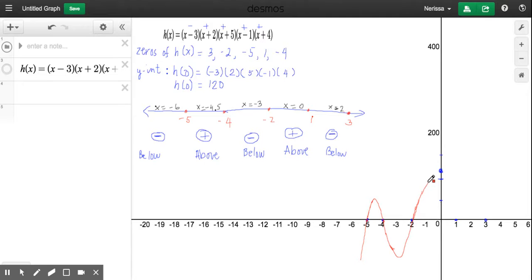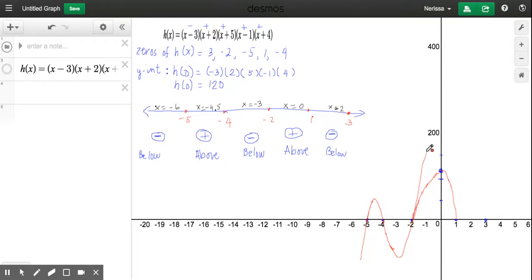And then it has to go closer and closer to the y-intercept because it's going to have to cross the y-axis here. And then come back for the x-intercept 1.